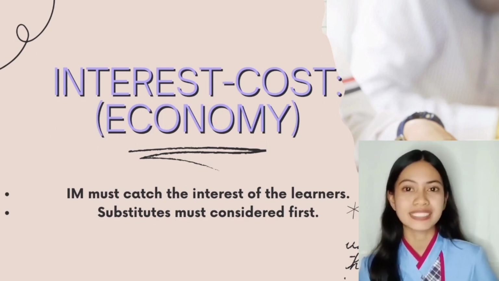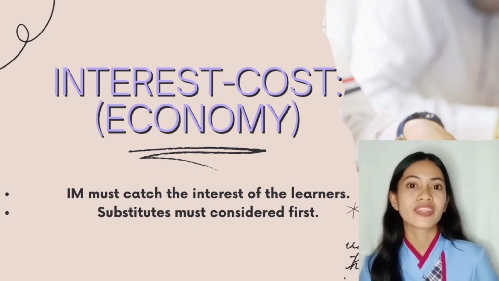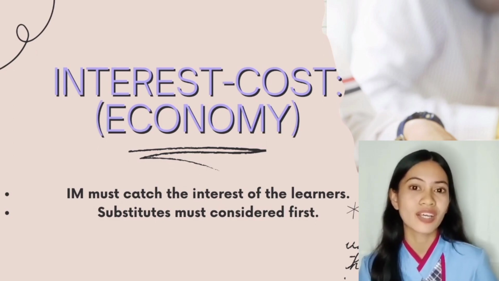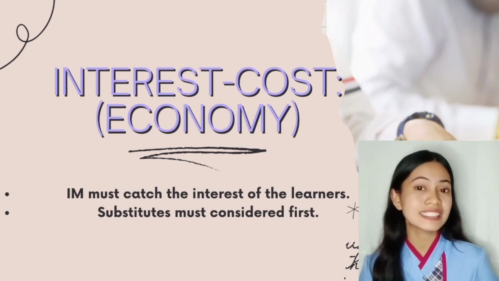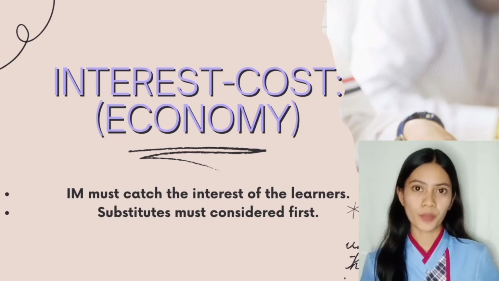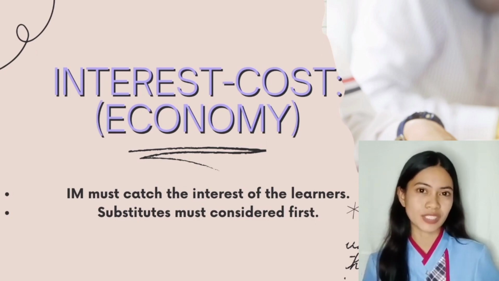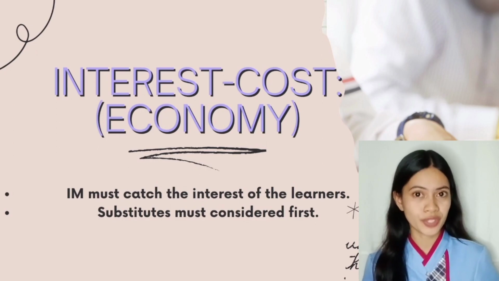Then you must ignite the interest in them because interest is the most powerful force that energizes us to learn and guides academic career, and it's essential to academic success. Also, in interest, you're going to catch the learners' attention for them to get interested in the topic you are going to tackle for them.